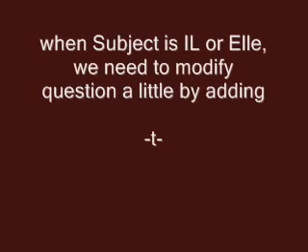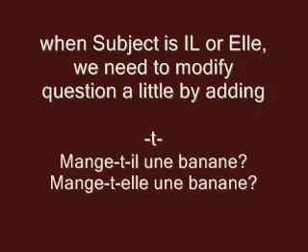Now if the subject in the sentence was il, like il mange une banane, he eats a banana, or elle mange une banane, she eats a banana, do you say mange elle une banane, just like we explained? I mean, if you invert subject and verb, would you say mange elle une banane?